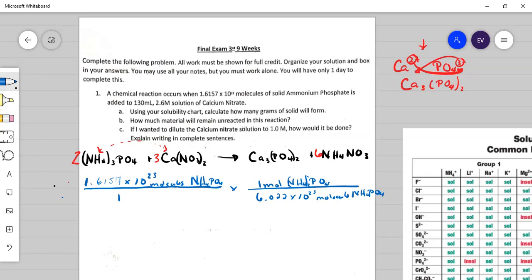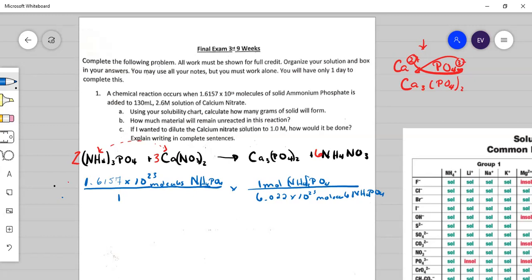All right. So I'm going to go ahead and punch this into my calculator. I want to do this in real time with you guys, so we can see how to work through it. I don't want to have anything already set up. Divided by 6.022 exponent to the 23.